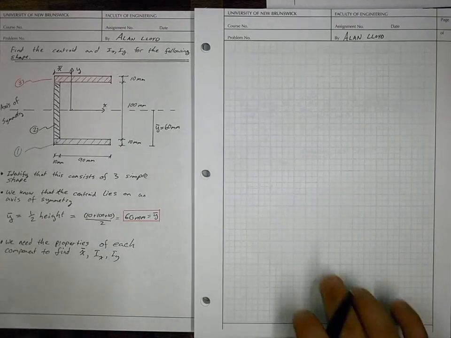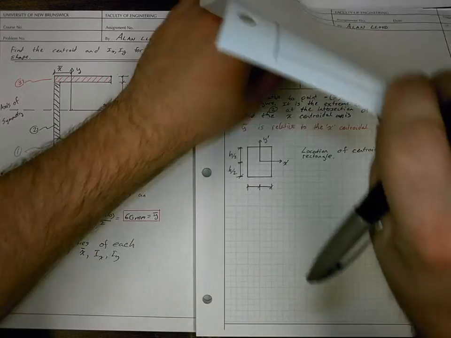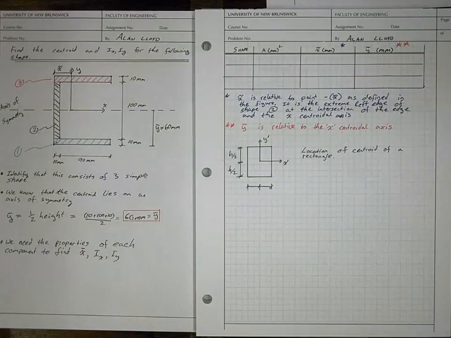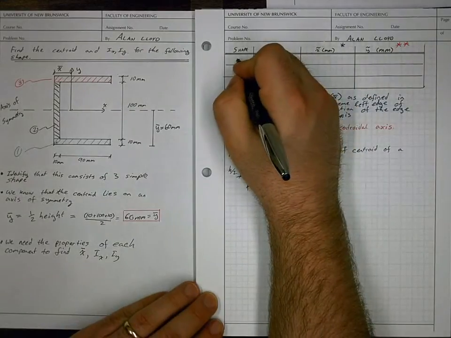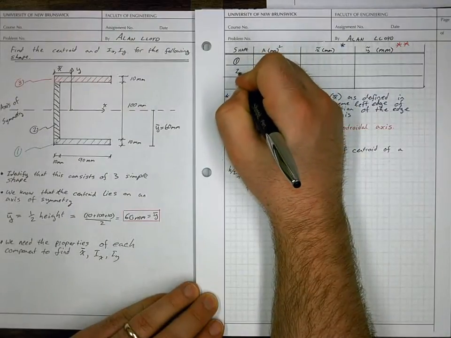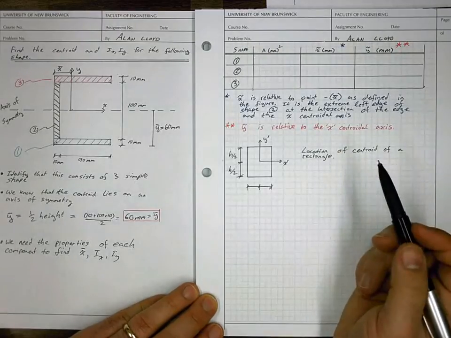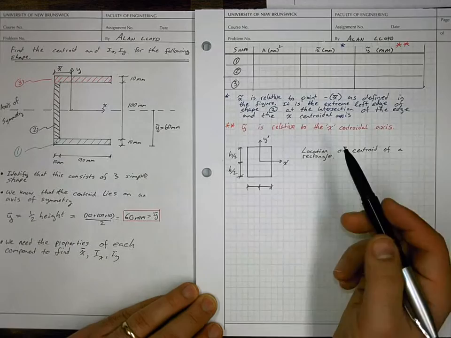And to do that, we can establish a table, and this table simply lists our different shape components, 1, 2, and 3. And then first off, we'll get our areas of each shape.